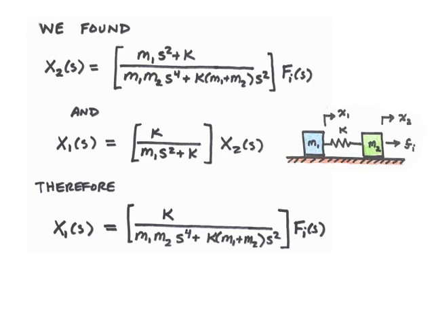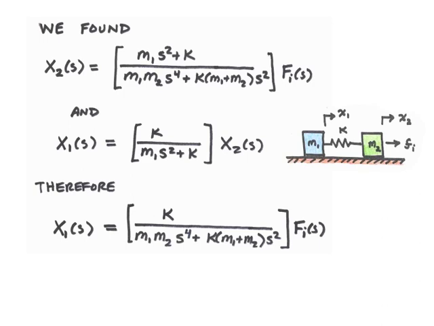This transfer function was given by m1 s squared plus k divided by m1 m2 s to the fourth plus k times quantity m1 plus m2 times s squared. We also found the equation relating the displacement of mass 2 to the displacement of mass 1, and that was x1 of s equals k divided by m1 s squared plus k times x2 of s.